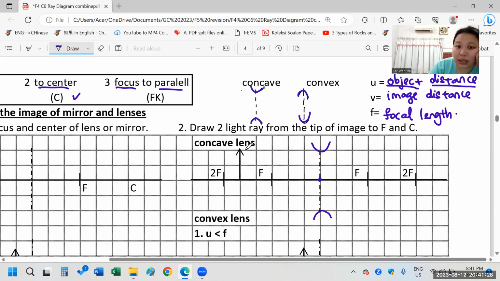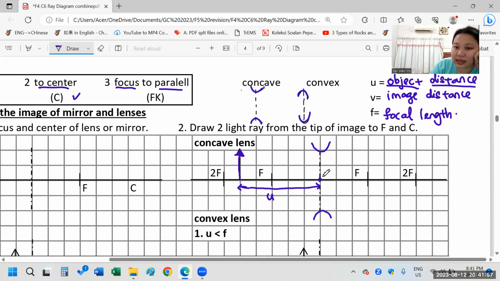Now we put an object in front of the lens. From the object to the pole is called u. Object distance means the object's distance from the center.